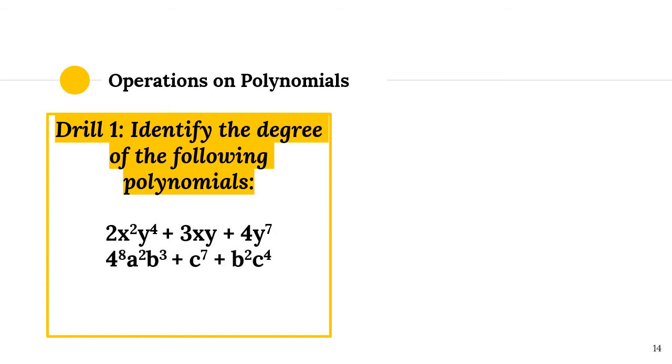Next, we have 4 raised to 8, a squared b cubed plus c raised to 7 plus b squared c to the fourth. Now I'm going to give you some time to solve this. You can pause the video so that you can answer.